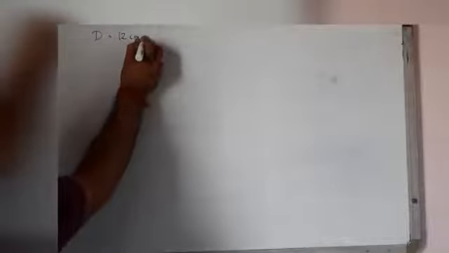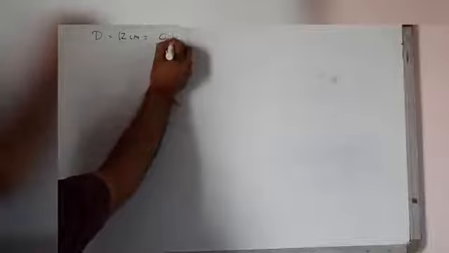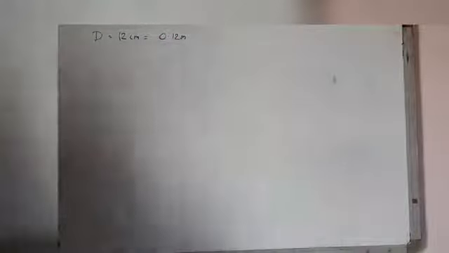Now the data given are: diameter of cylinder is given as 12 centimeter equal to 0.12 meter.